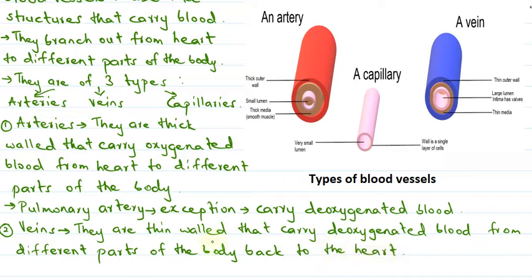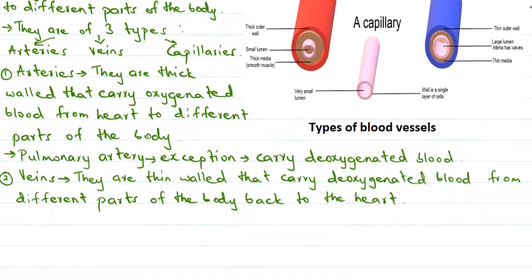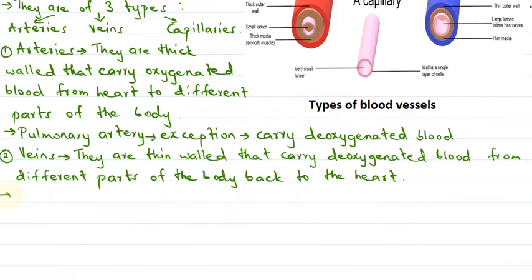Now, in case of veins as well, there is a case of exception. So, the exception is pulmonary veins. They are an exception. Why are they exception?